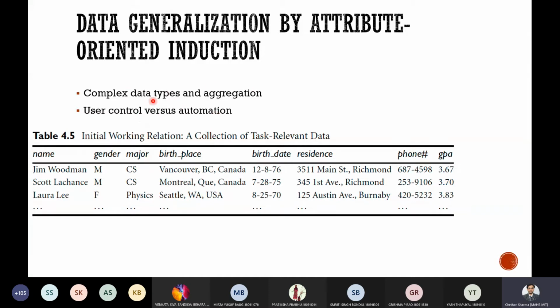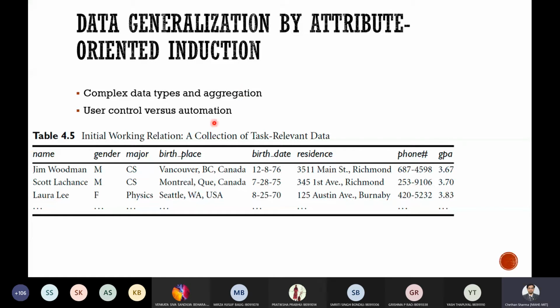In that case, you have to consider these two cases. One is complex data types and aggregation. Your data warehouse will contain complex data types and you have to perform aggregation. So these things should be considered.